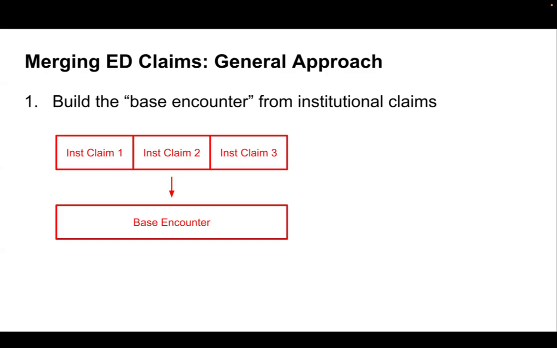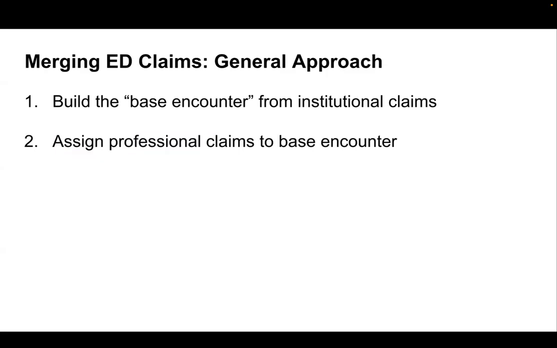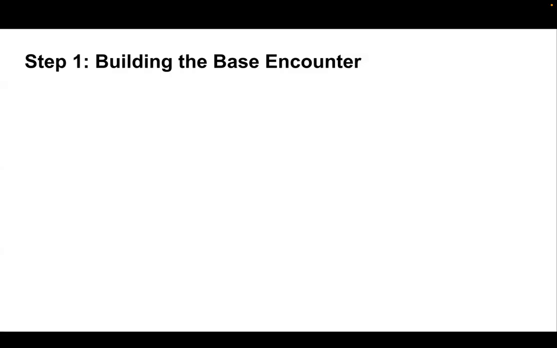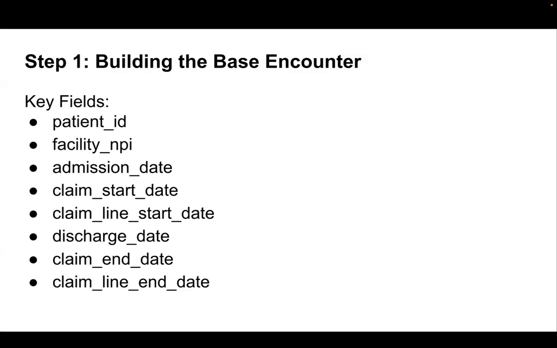In those cases, we have to build an algorithm that stitches those together so we can develop this base encounter and use the start and end dates from across these different claims to create the start and end dates for the overall visit. After we have the base encounter, then we'll assign professional claims to that base encounter. So let's dive into step one, building the base encounter.